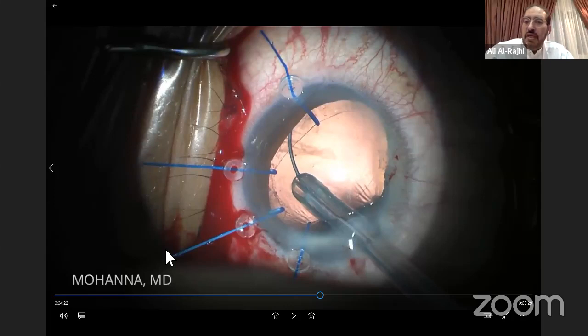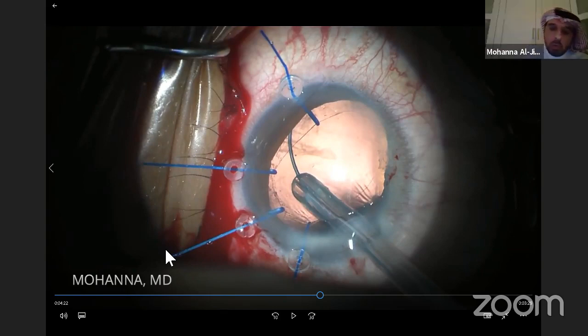They come in three sizes, but usually 10 to 12 or 11 to 13. And another way of doing it is using a CTR type capsular tension ring that has one or two eyelets. But this is also more difficult to insert. So a capsular tension segment, followed by a capsular tension ring.